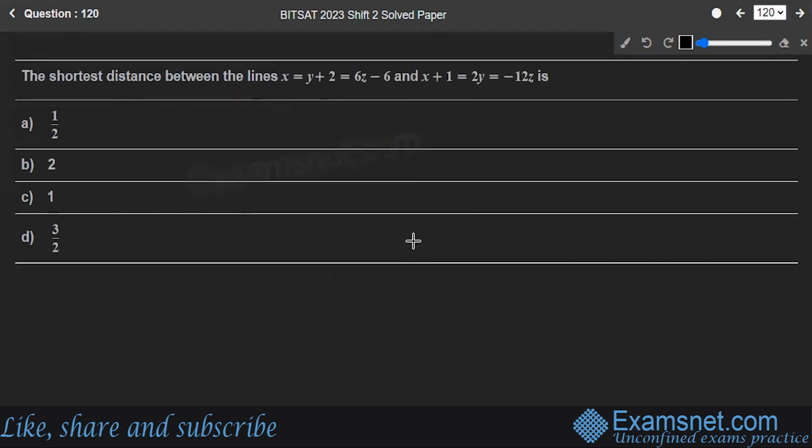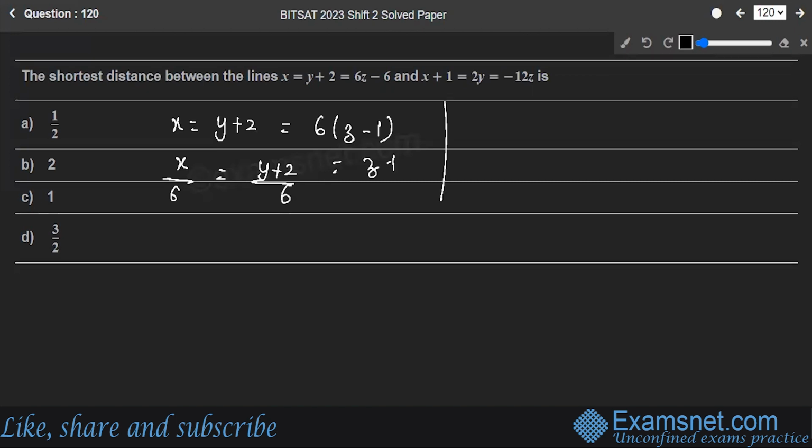Next is question number 120. The shortest distance between these two lines. The first line is x/6 = (y+2)/6 = z−1, taking 6 common and dividing all the sides by 6. And the second one is x = y/6 = z/(−1), dividing all of them by 12.